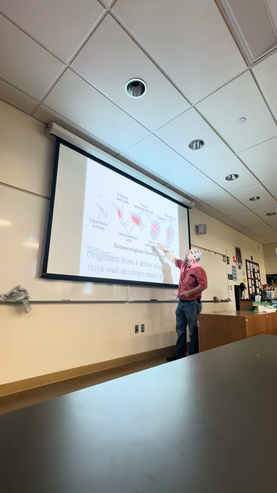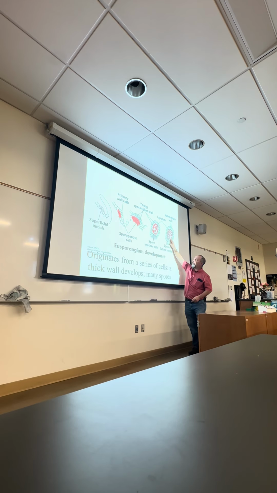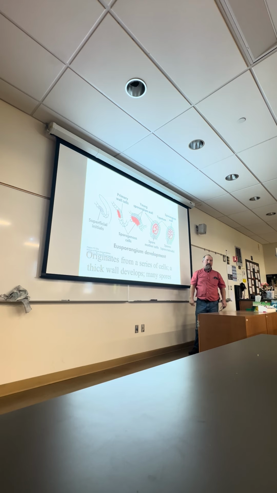So it's several cells. Then it gets encased in here, and then the spores undergo meiosis inside there. When you think of gonads, perhaps, they produce sperm and egg. This is kind of like that, except they come from stem cells, undifferentiated.